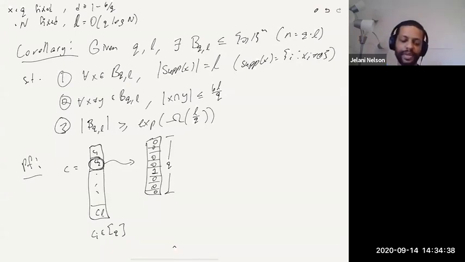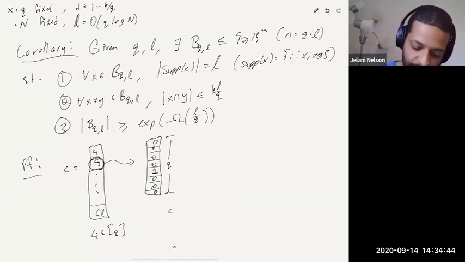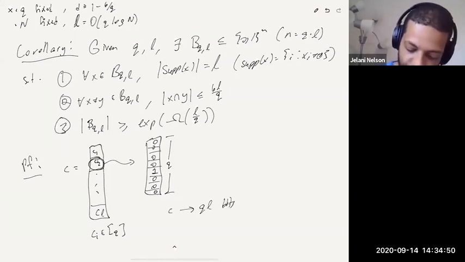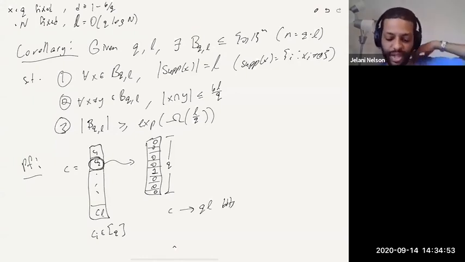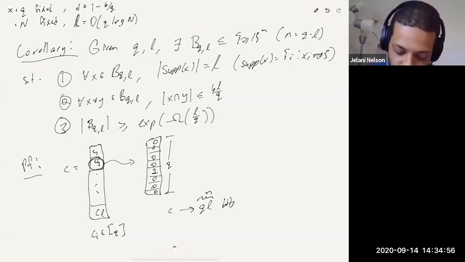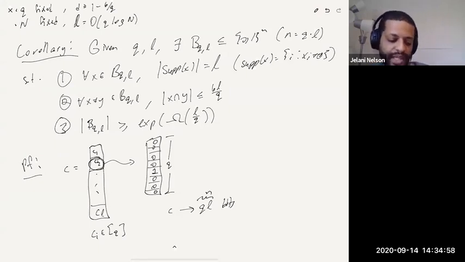And so now we've blown up C. C now has QL bits, because each of the L entries got blown up into a bit vector of length Q. So this is my n. And the support, the number of ones after I do this, is exactly L, right? Because each entry is giving me one 1. And the second item, the fact that there isn't too much overlap between distinct code words, is basically the same thing as saying that the distance of the code was large, meaning that none of the code words overlap too much, having equal symbols.